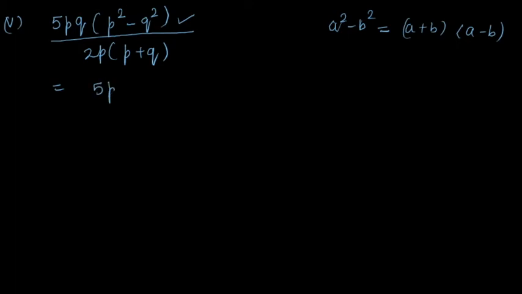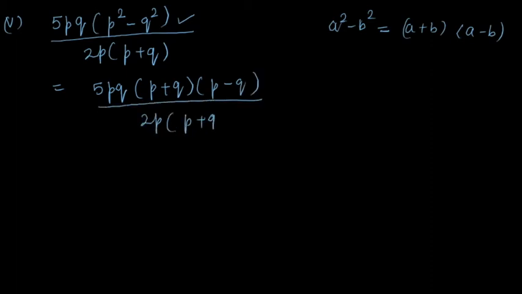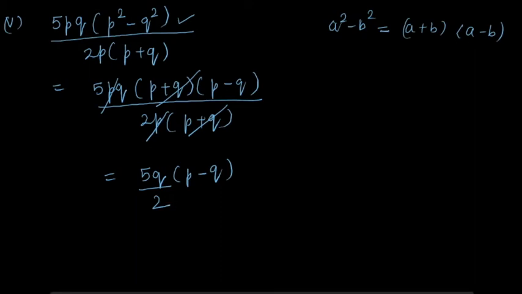Using the same identity, we can write it as p plus q and p minus q. In the denominator 2p into p plus q. Let's cancel this. This p is also cancelled. You are left with 5q into p minus q upon 2. This will be the solution to my question.